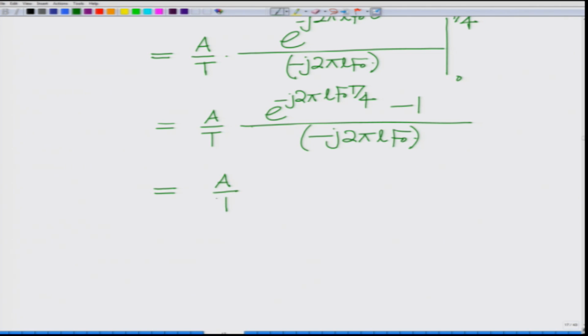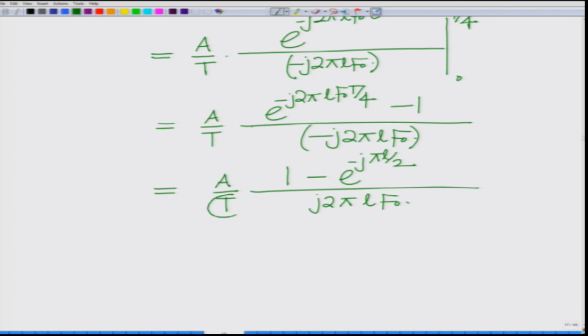So, therefore, I will use that principle, and also there is a negative sign, so I multiply the numerator also by minus 1, and what I get is 1 minus e to the power of minus j pi L by 2, divided by j 2 pi L f naught, and also in the denominator there is a T and an f naught, the product of these two is 1.